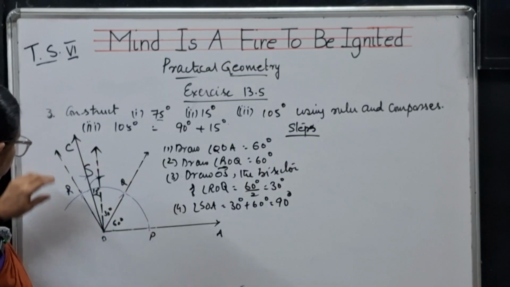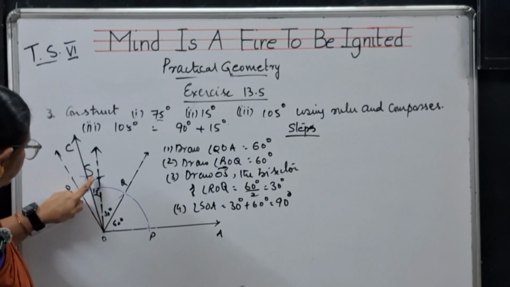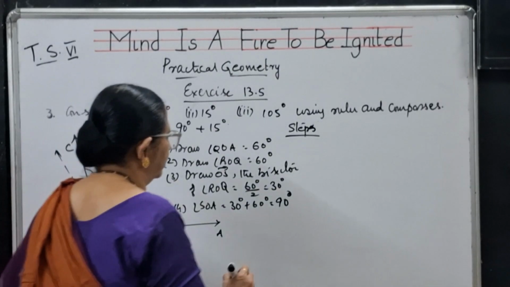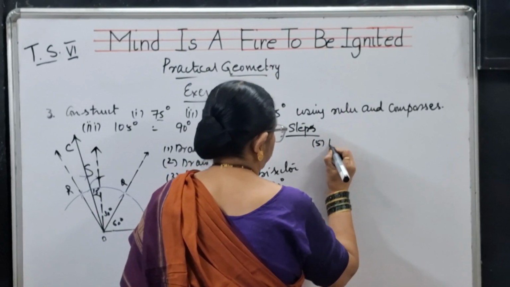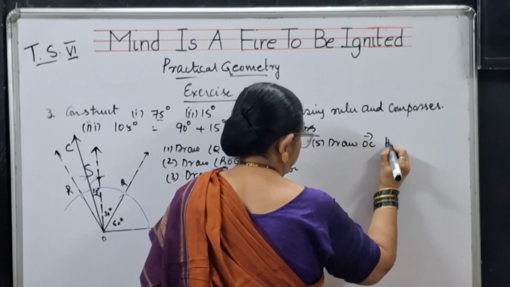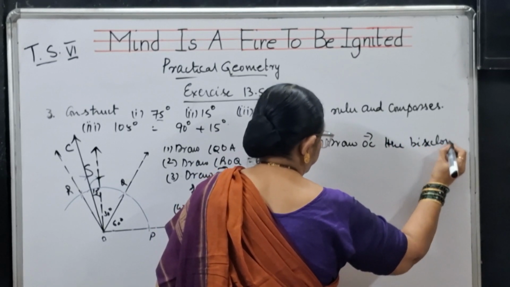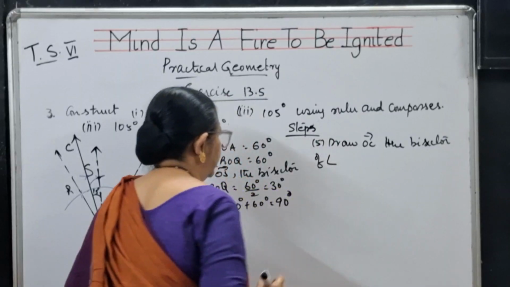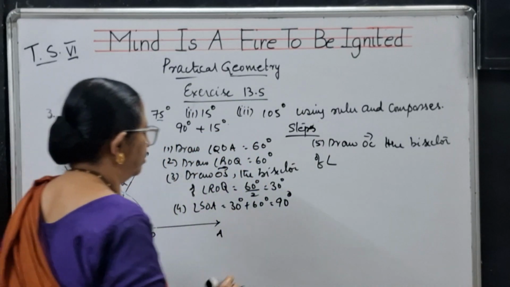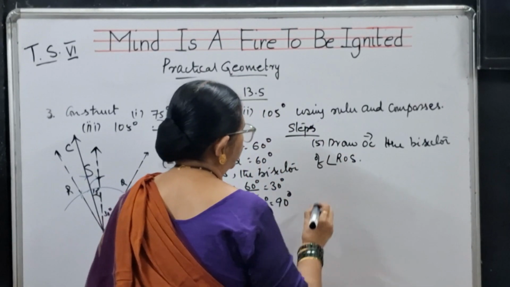Now you have drawn OC, the bisector of angle ROS.